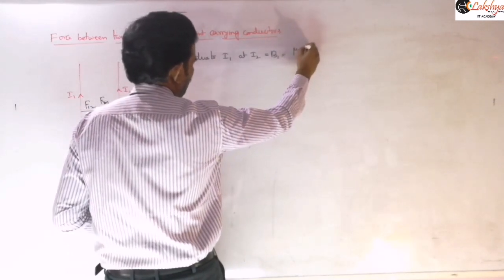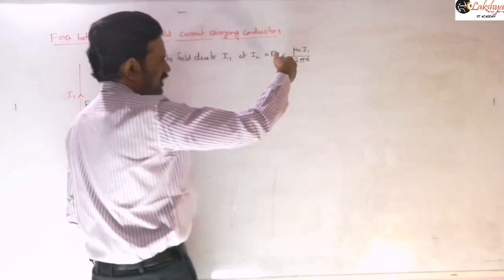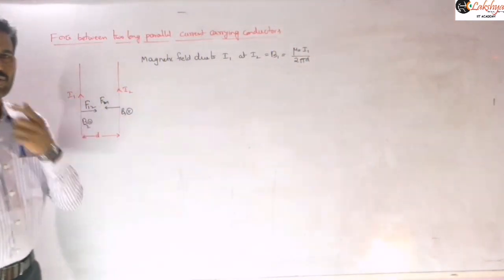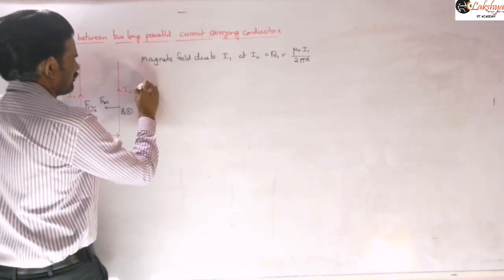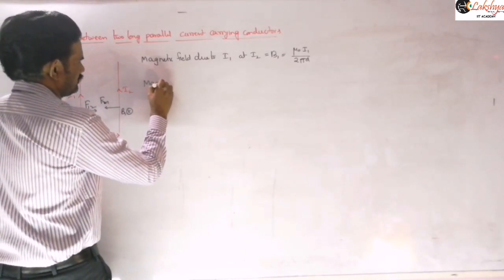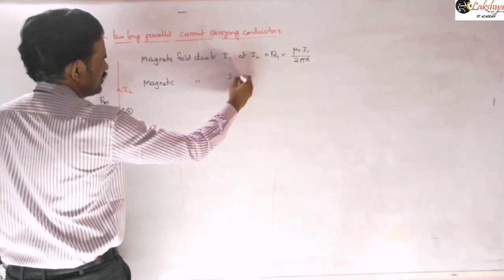Simply, what we can write is mu naught I1 by 2 pi d, because it is an infinitely long conductor. For an infinitely long conductor you know that. Similarly, the magnetic field due to I2 at I1.